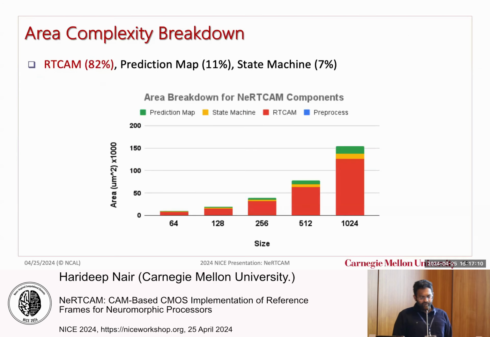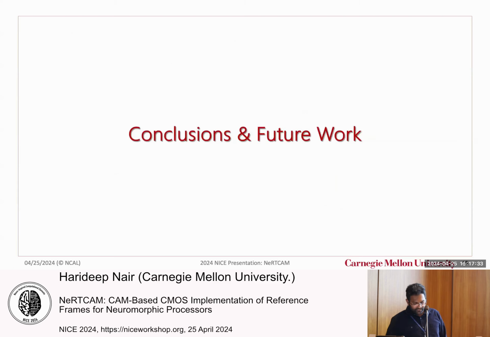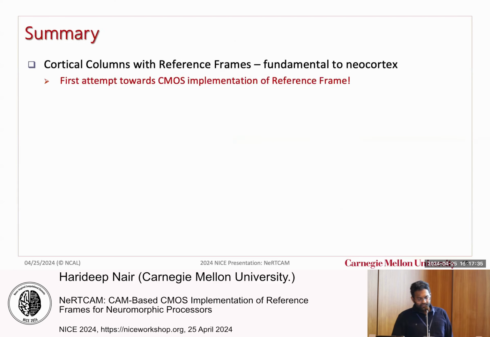In terms of hardware breakdown, the RTCAM consumes the majority of the complexity, which is as expected. And that's why there's huge potential for optimization here, as I'll mention in the future work. And then it's followed by the prediction map, just about 10%, and the state machine, about 7%. The pre-process stage seems pretty negligible in terms of complexity.